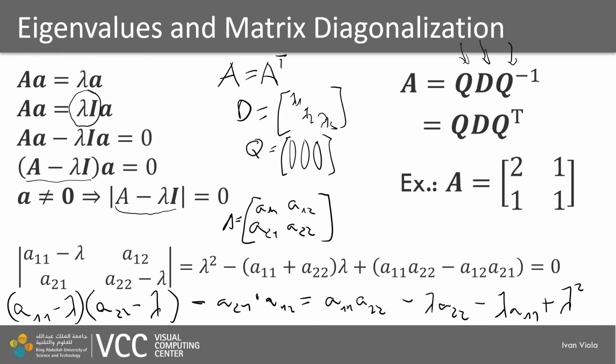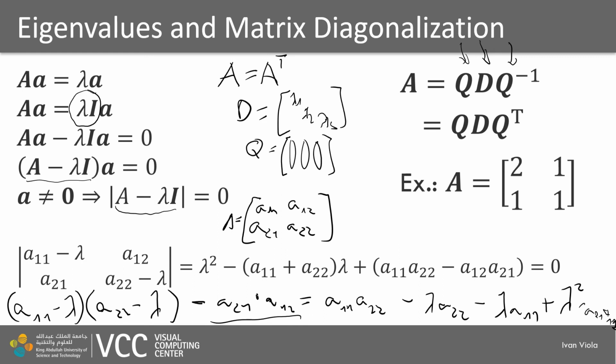Of course, we still have this term minus A21 A12. And if we rearrange that, we end up with a quadratic equation, which should be equal to 0.